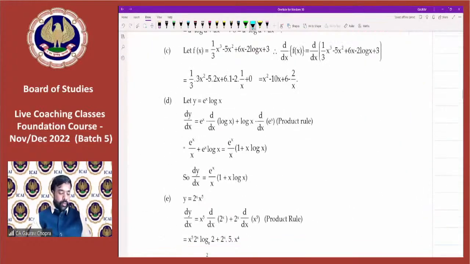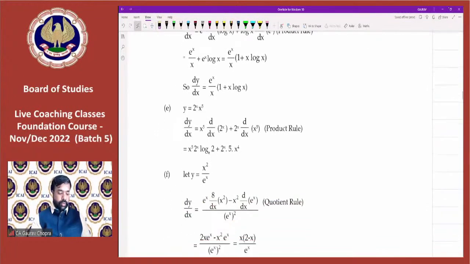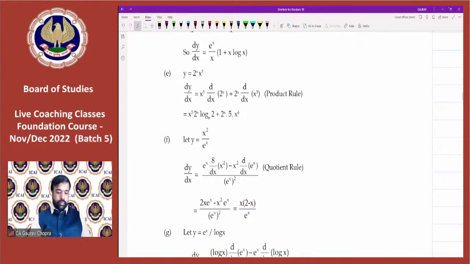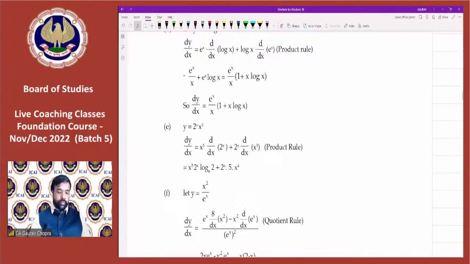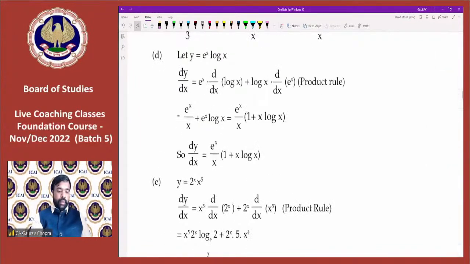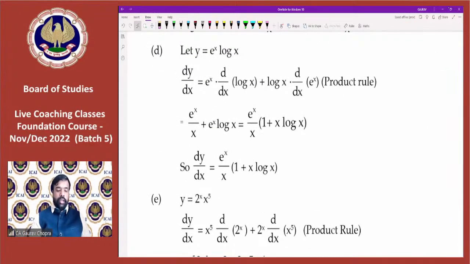So come on, you can try. So e to the power of x is the first function, log x the second function. So just applying the formula: e to the power of x as it is, derivative of log x.